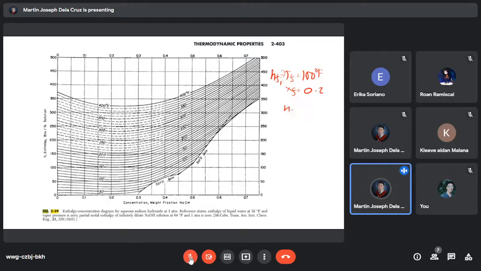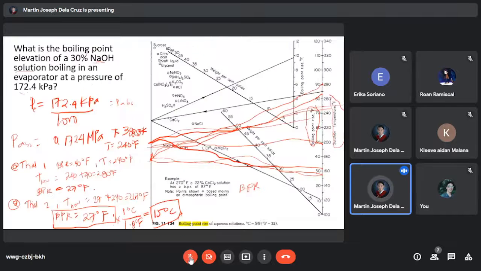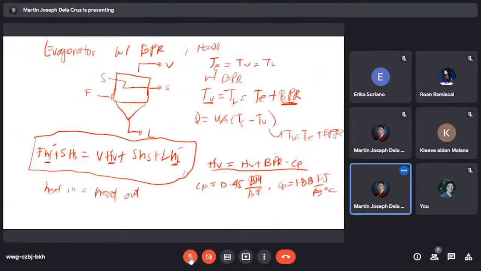So, HF now is, and then pag si HL naman, you have TL na 197 degrees Fahrenheit. You take note class na 'di ba sabi ko sa inyo, i-add na natin yung boiling point rise sa temperature. Right? TV is equal to TL is equal to your temperature of your evaporator or your condenser plus your boiling point rise.